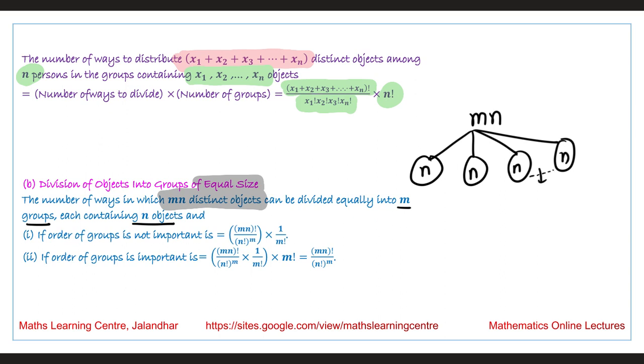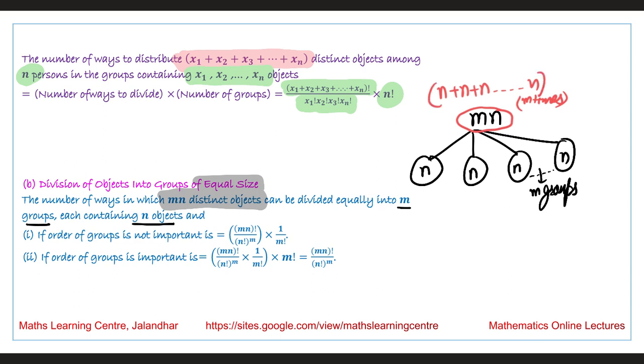And how many groups do we have? We have m groups. If we look at this case, these mn objects we can write as n plus n plus n so on up to m times. We have the total number of these objects.